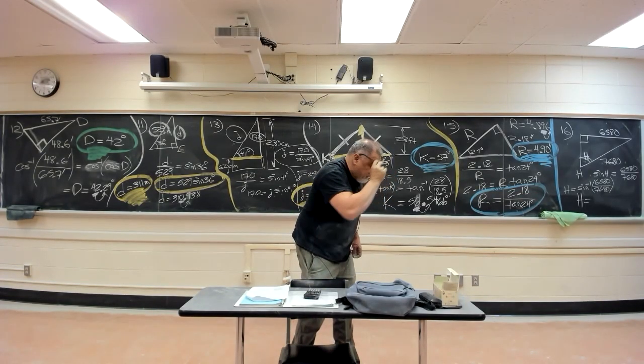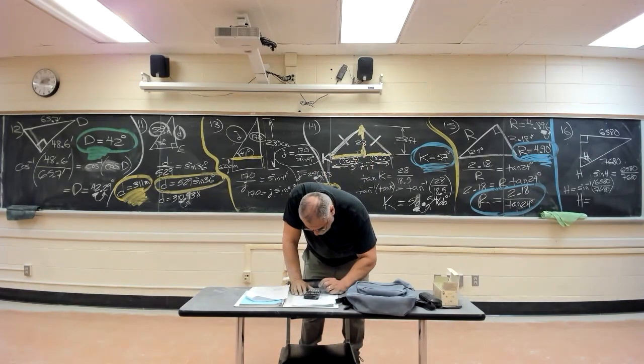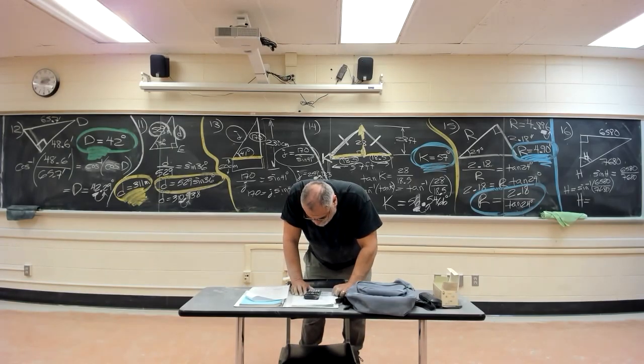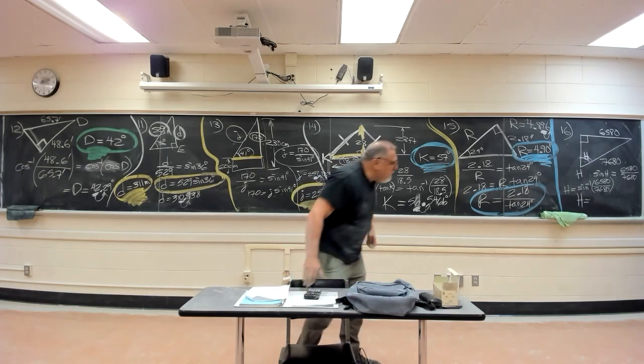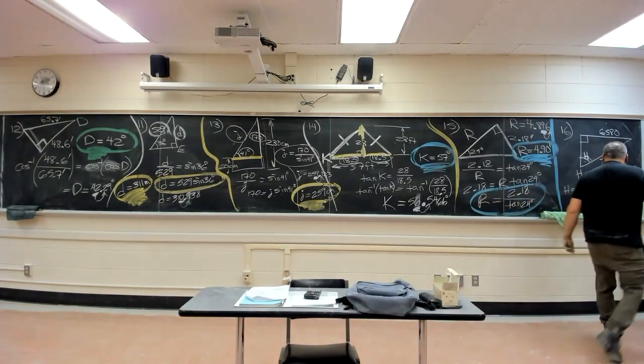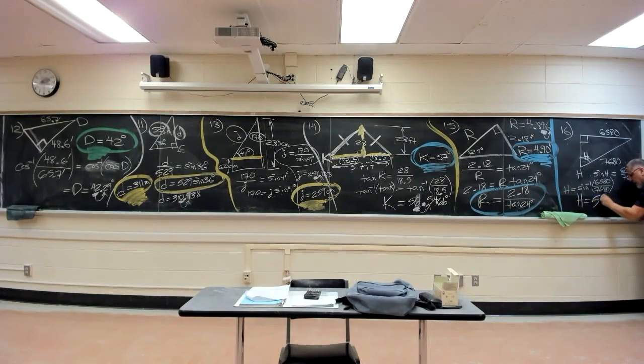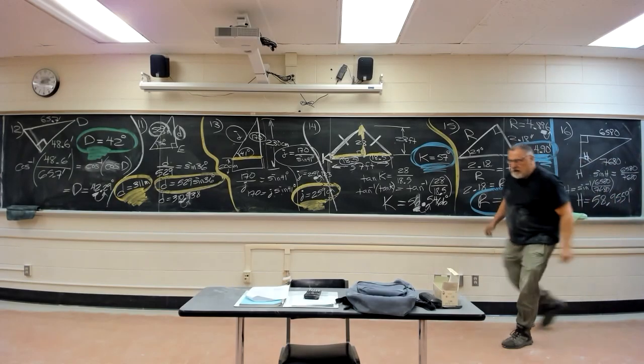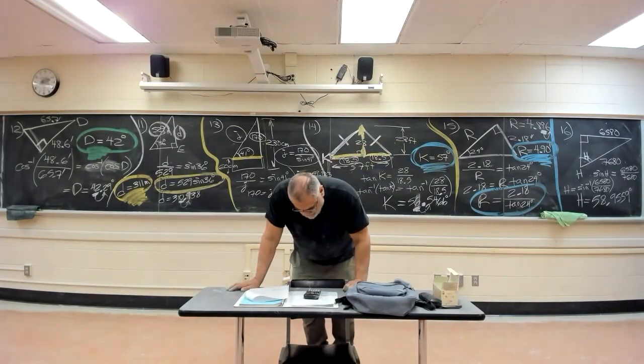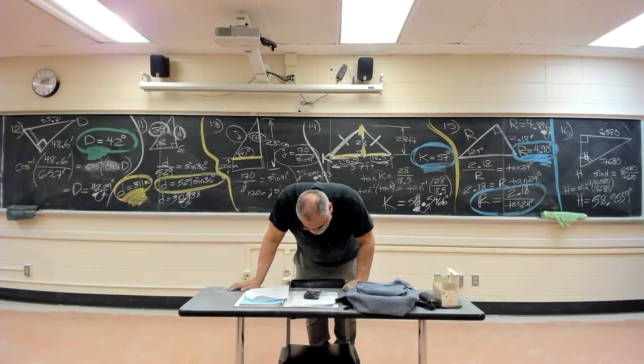6,580 divided by 7,680. I got 58.9559, etc. Absolutely.